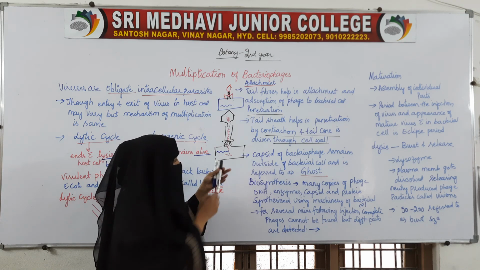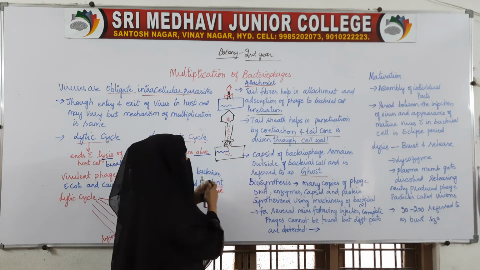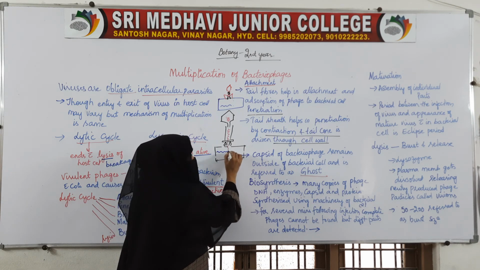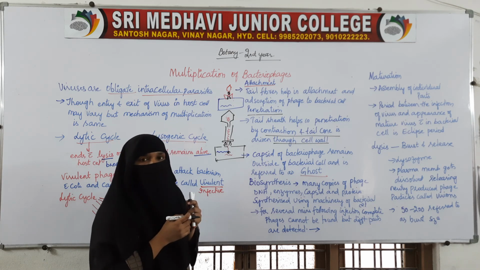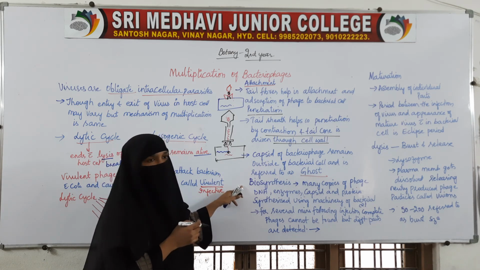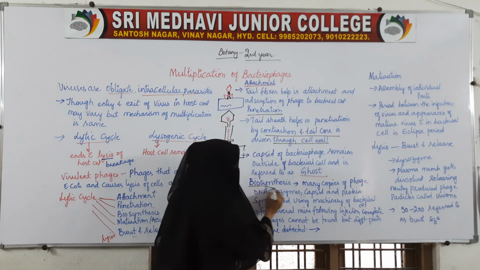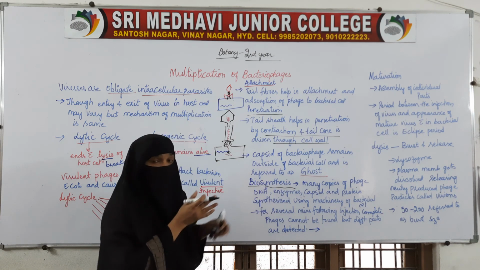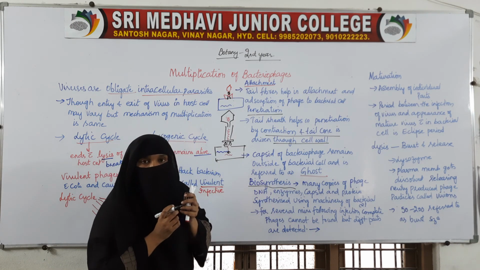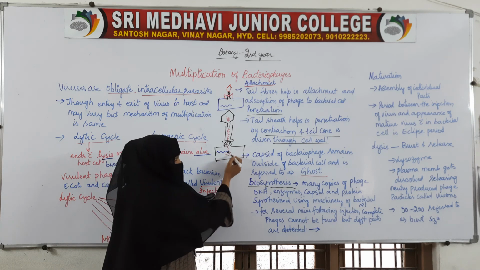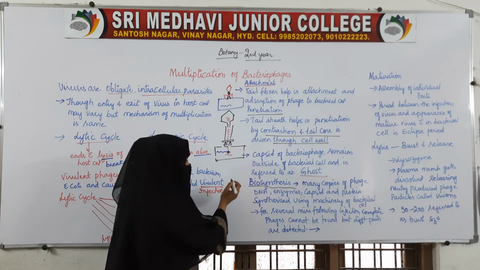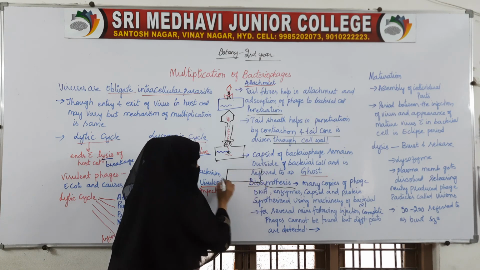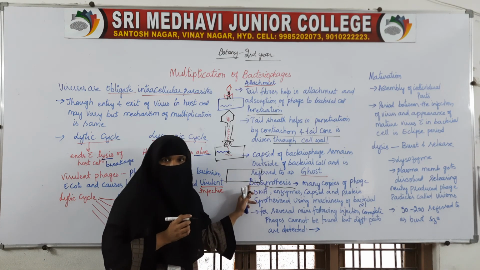It gives the command to the bacterial DNA to start the synthesis of the parts of the virus. A new complete virus will not be formed immediately. As soon as the viral genetic material is injected inside the bacterial cell, biosynthesis takes place.